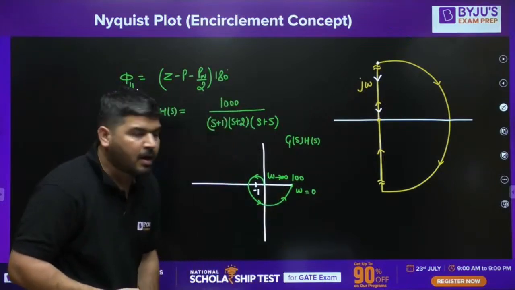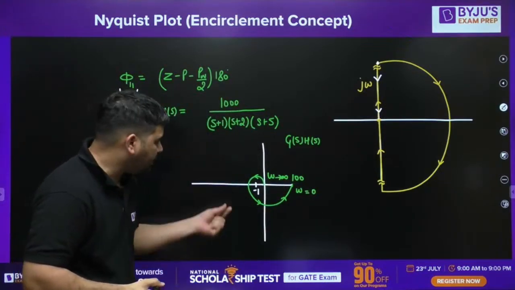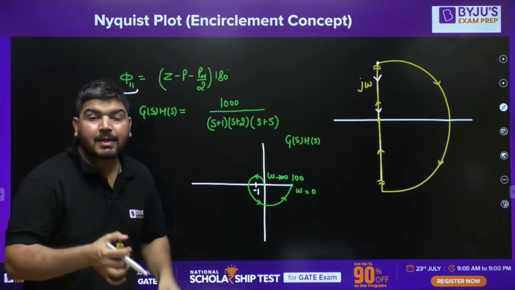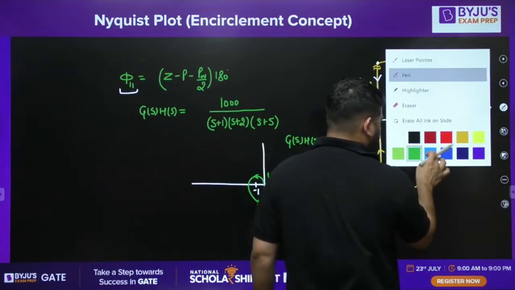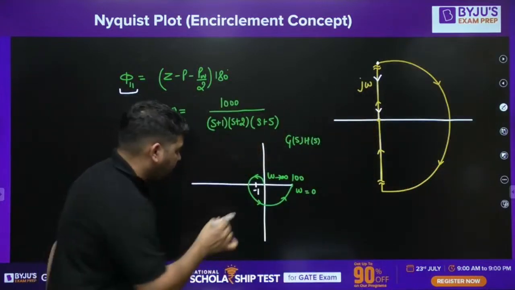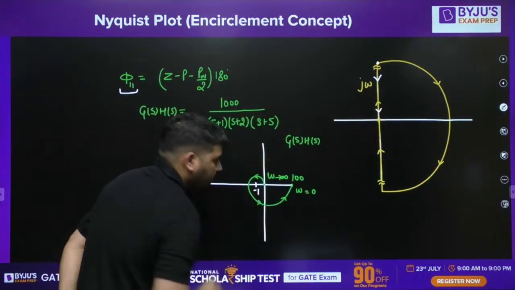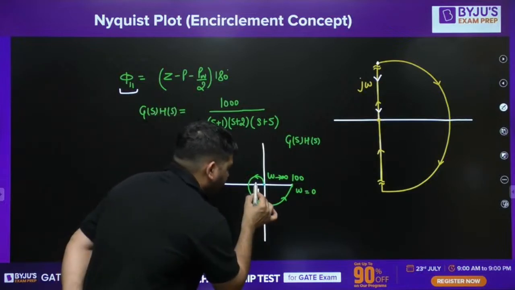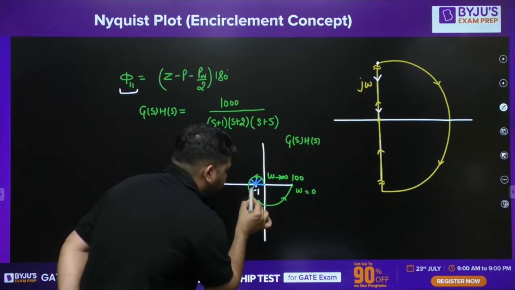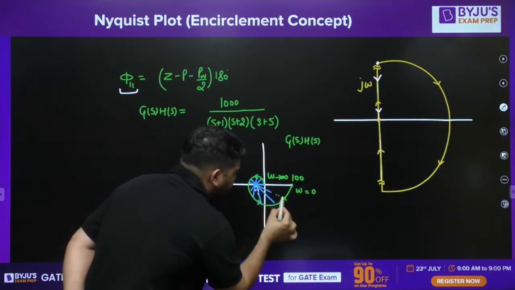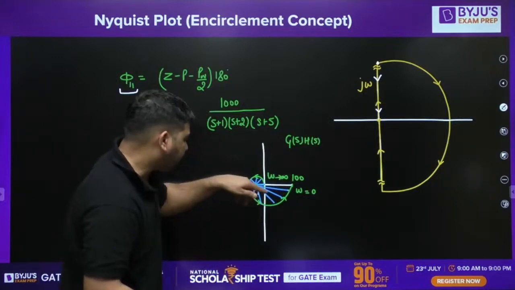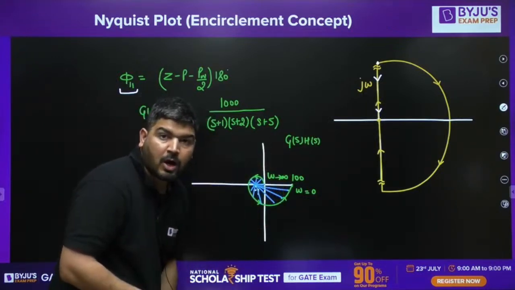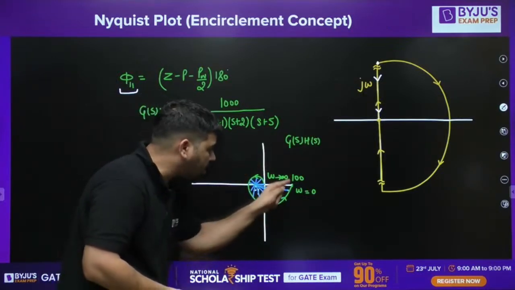Now you have to check phi 11. What is the net angle subtended? You start from here, and with respect to this -1 you can see the net angle subtended is this. You are rotating in this direction, which means clockwise.